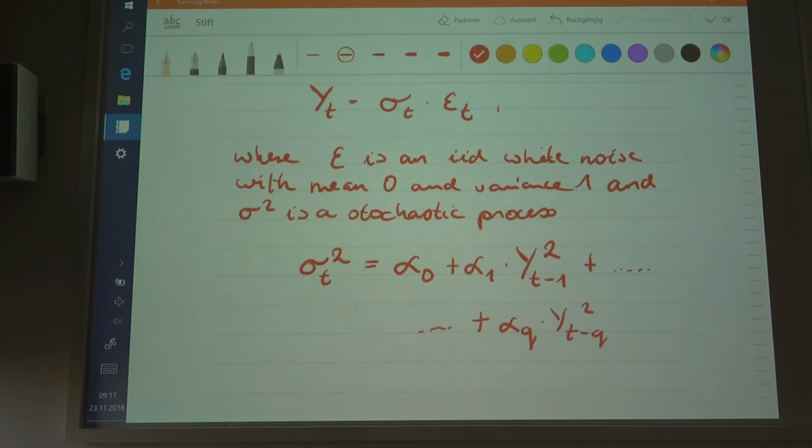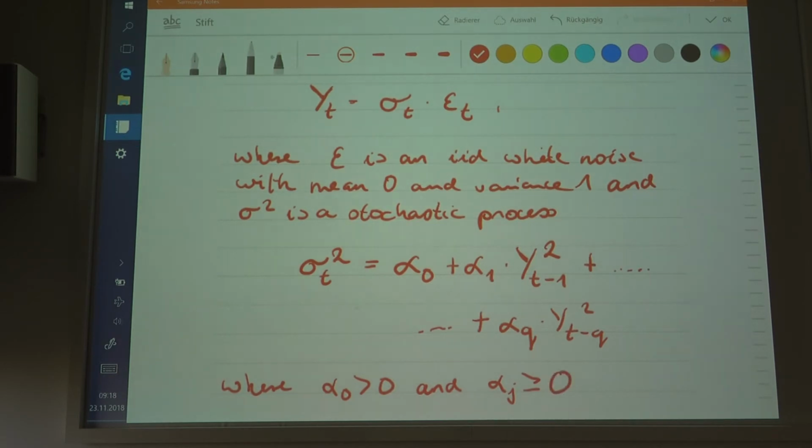On the other hand, you have in particular that alpha 0 is greater than 0. The remaining coefficients, these alpha j's, are either greater than or equal to 0, so these coefficients can be 0.